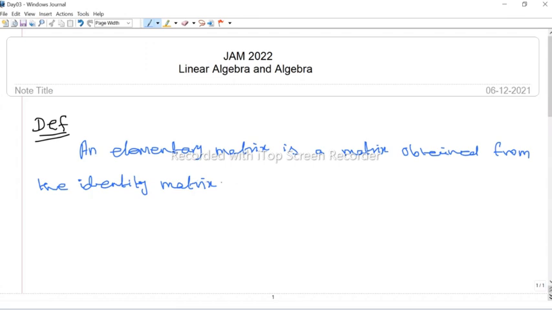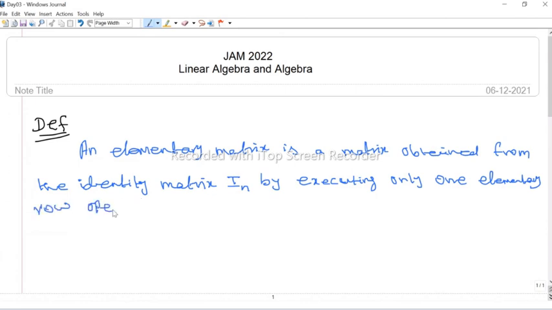Maybe we call I_n the n cross n identity matrix, by executing only one elementary row operation. Such a matrix is called an elementary matrix.